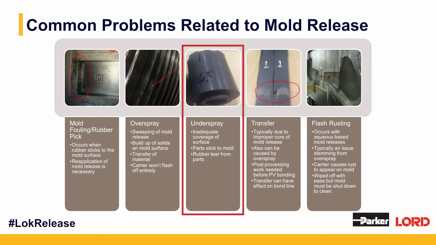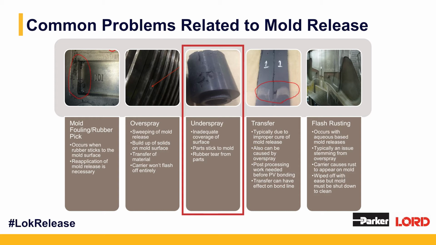Next is underspray. Underspray is exactly what it sounds like: when not enough mold release is applied to the mold. Underspray is hard to detect before molding cycles start. If underspray is suspected, you will notice after your first molding cycle that the parts are harder than normal to eject from the mold, and there may be some mold fouling or rubber tearing that will be left in the mold.